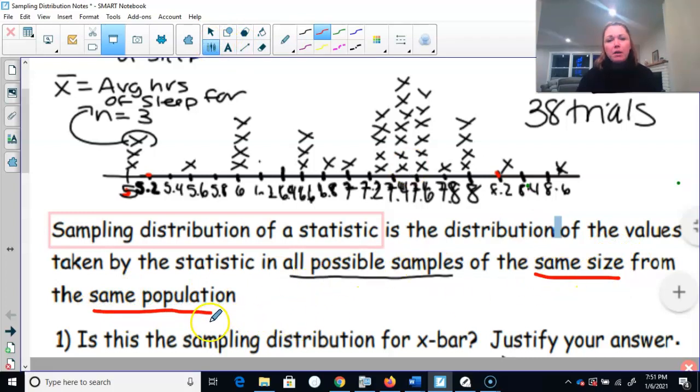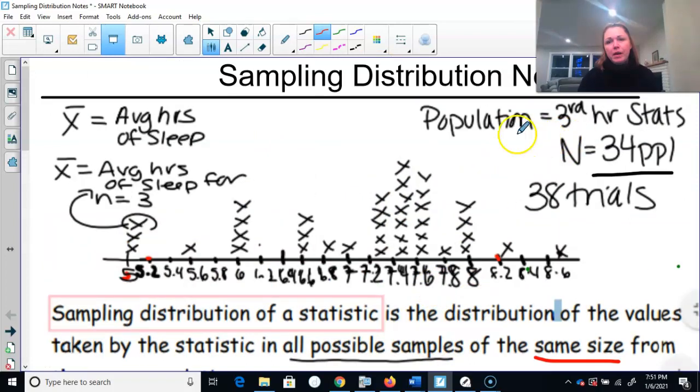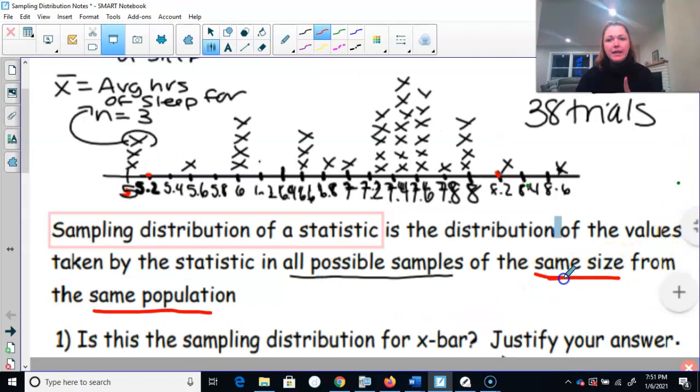There are 3 things here. These all come from the same population. Each one of these X's comes from our population of 3rd hour stats. Same size? Yes, each one of these X's is an X bar, an average of 3 people, each one of them.